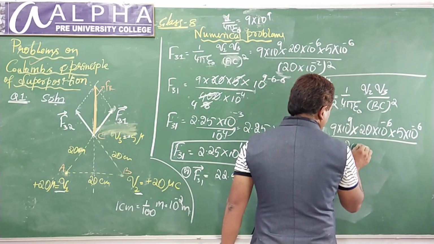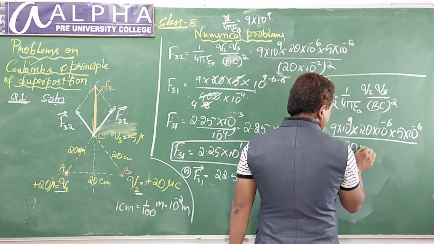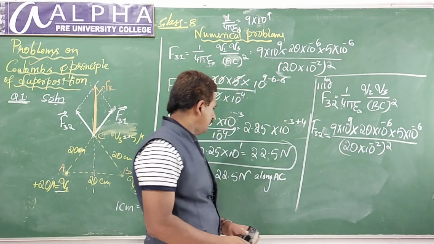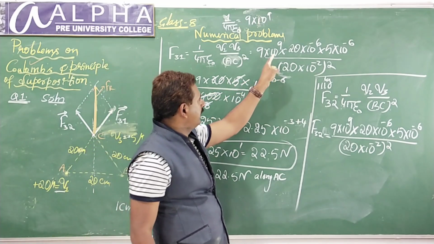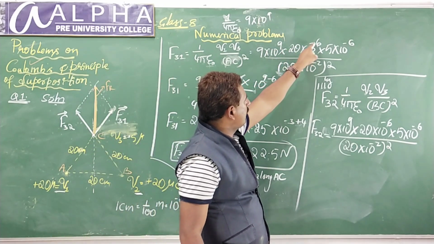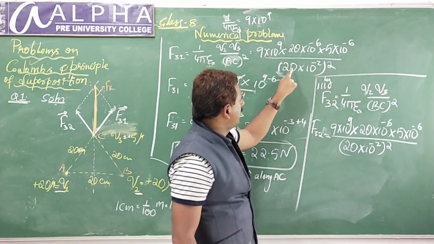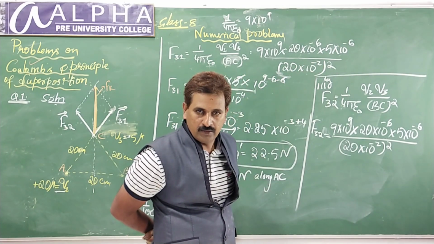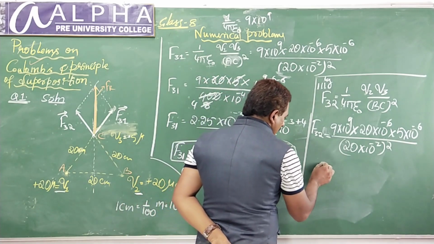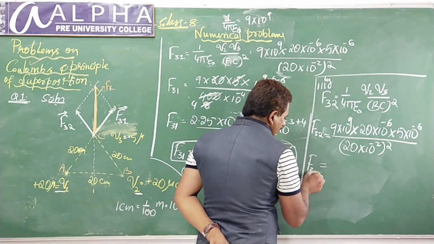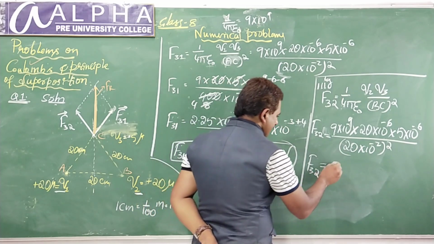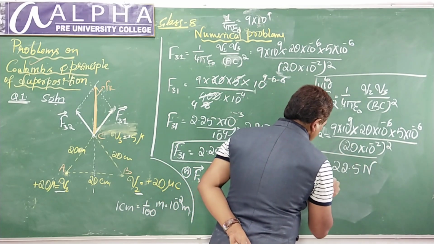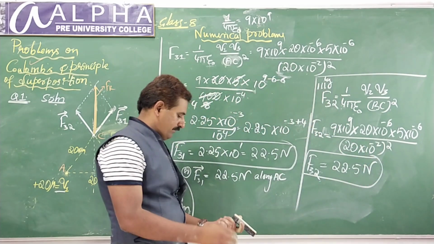Again 20 centimeters, write in meter, 10 power minus 2, whole squared. Look, the values are the same: 9 into 10 power 9, 20 into 10 power minus 6, 5 into 10 power minus 6, 20 into 10 power minus 2. If you solve, you will get the same value. F32 is the same as this, 22.5 Newton. This you are going to use next.